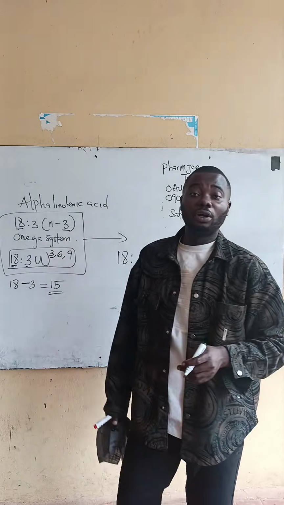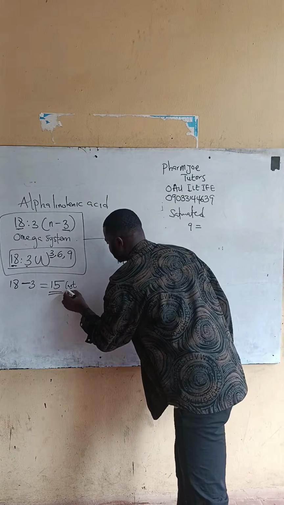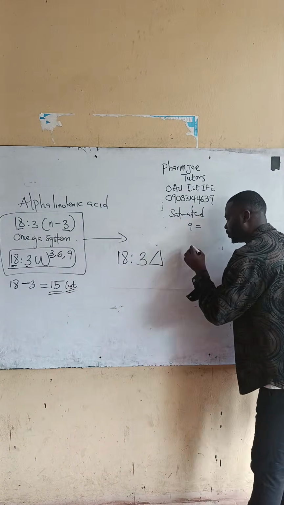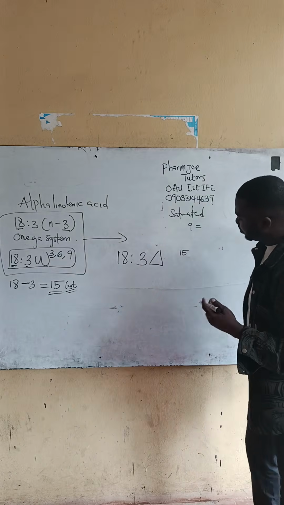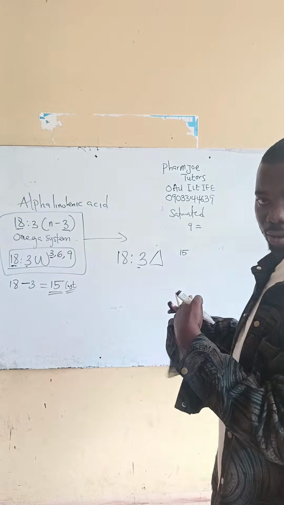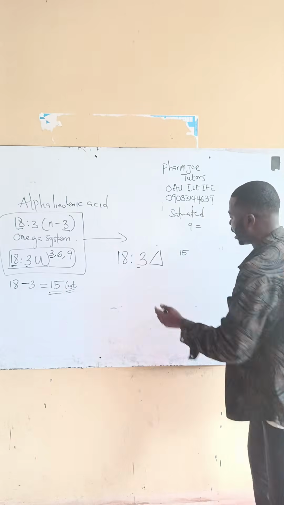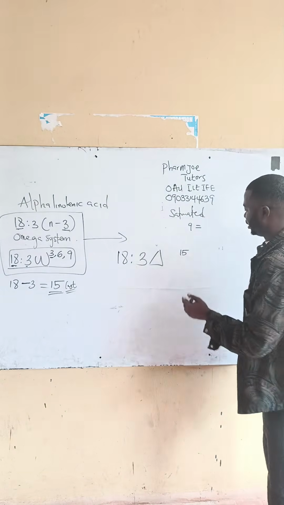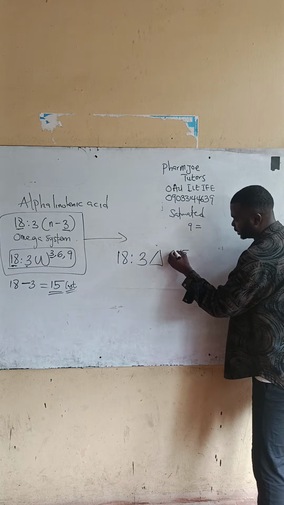And I said 15 will be your last position. You remember? It's a trick. You come here and say 15, last position. Meaning that we have 3 double bonds, and the last position of the double bond is position 15. If the last one is 15, the next one should be what?